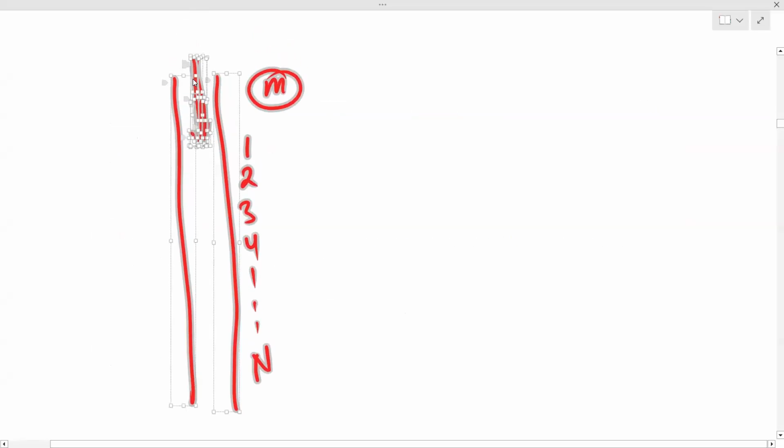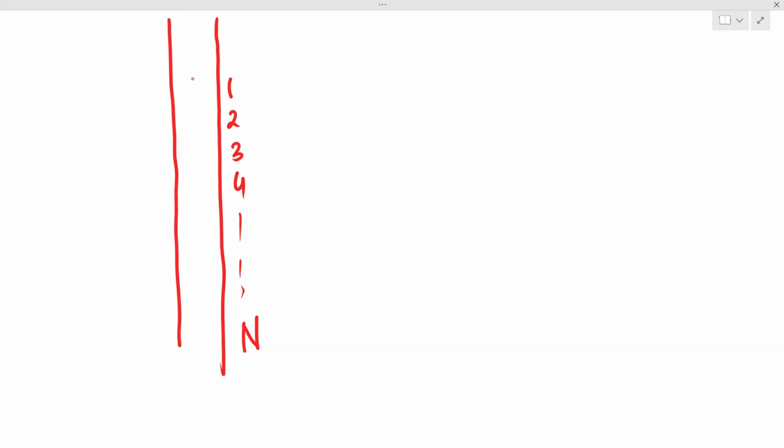Let's write this again. Assume there are n people standing, 1, 2, 3, 4 up to n, and they will always maintain this order. On this side, some noodles are going to be flown m times.